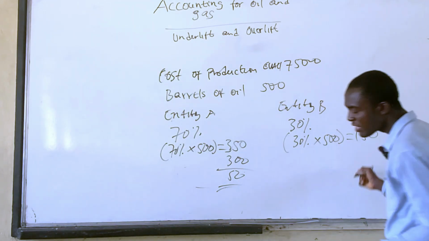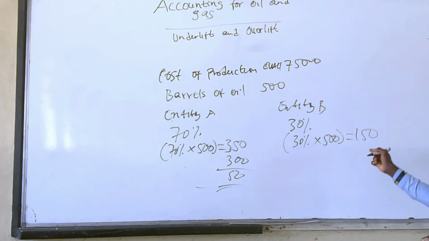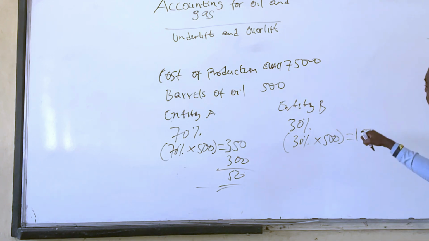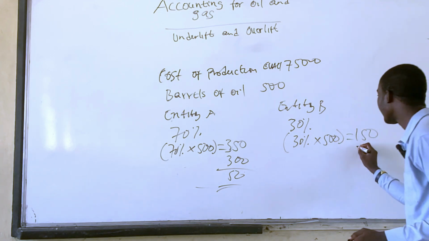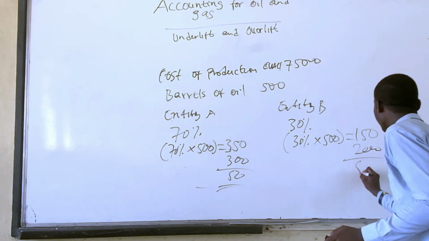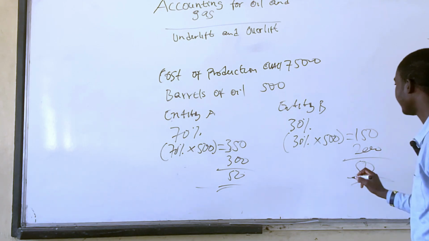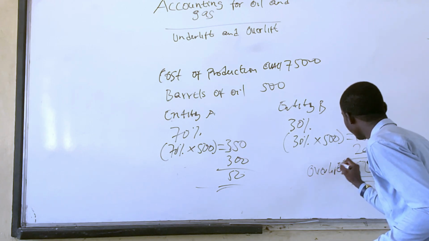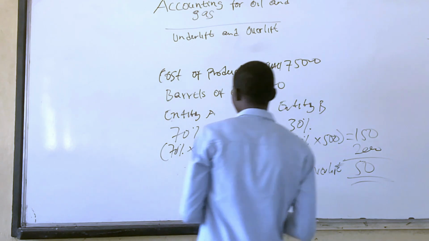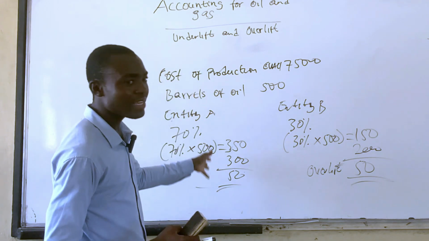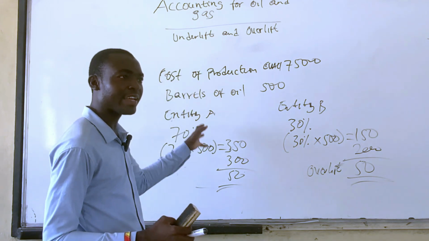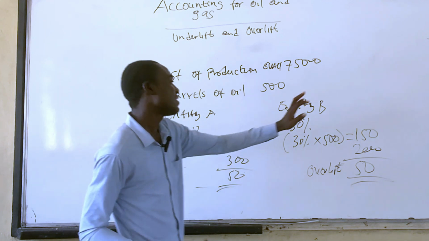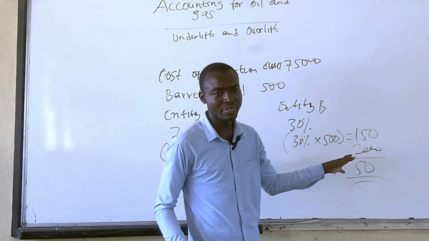For entity B, it's supposed to take 150, but it took 200, so there is an overlift of 50. In conclusion, entity A is the underlifter, and entity B is the overlifter.